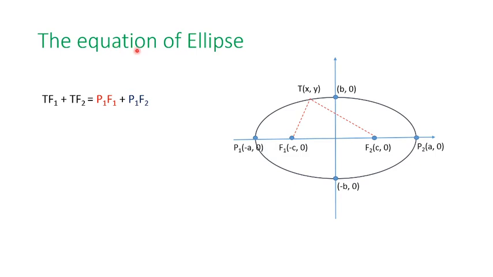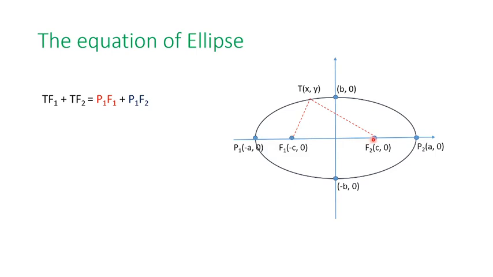So let's derive the equation of ellipse, starting from finding those distances. Here I have TF1 plus TF2 is equal to P1F1 plus P1F2. What is P1? P1 is another point on the ellipse which is parallel with the foci.